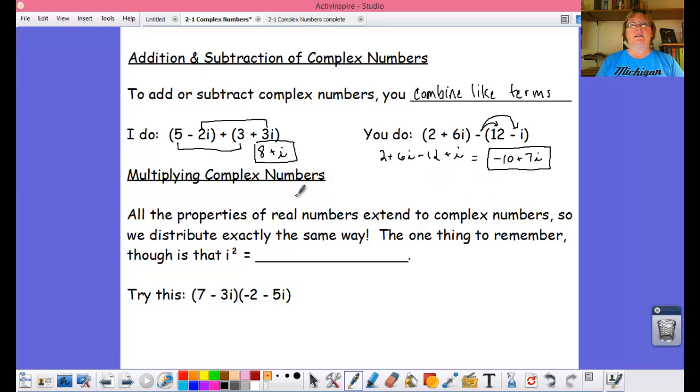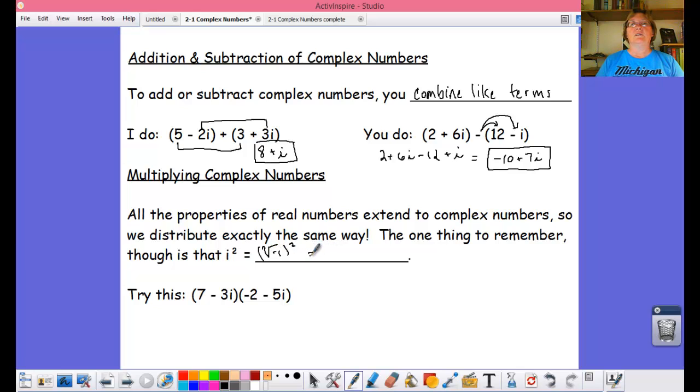When you are multiplying complex numbers, the same things that work with real numbers extend to complex numbers, so you distribute things exactly the same way. One thing to remember though, i squared would be the square root of -1 squared, and when you square a square root, that gets rid of the square root sign.